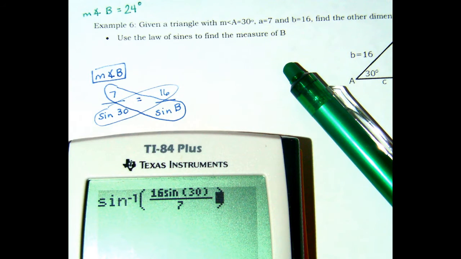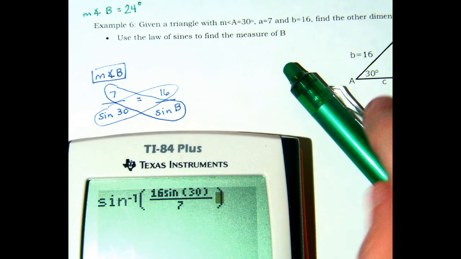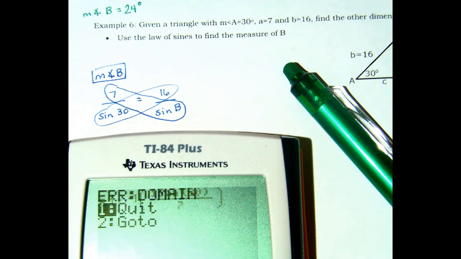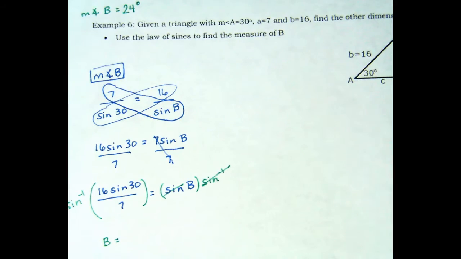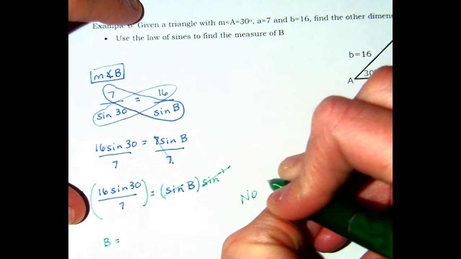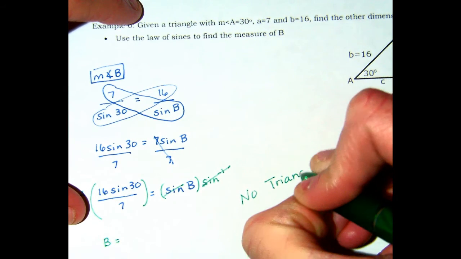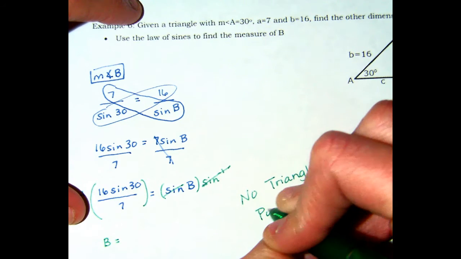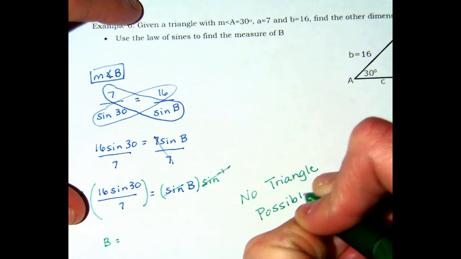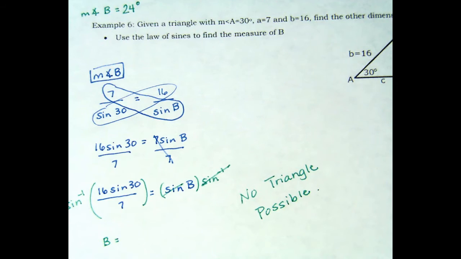That means this is not going to be a triangle that's possible. Since this says error, there is no triangle possible. We need to stop there. We can't do anything else. Yeah, it's like undefined.